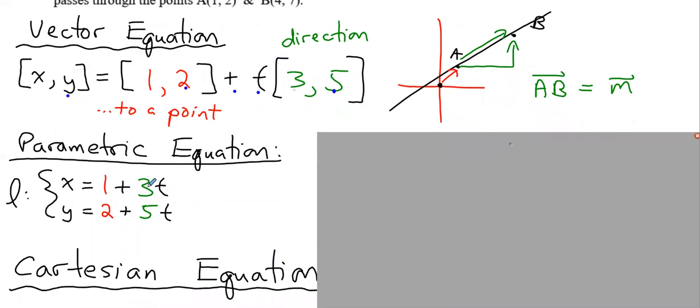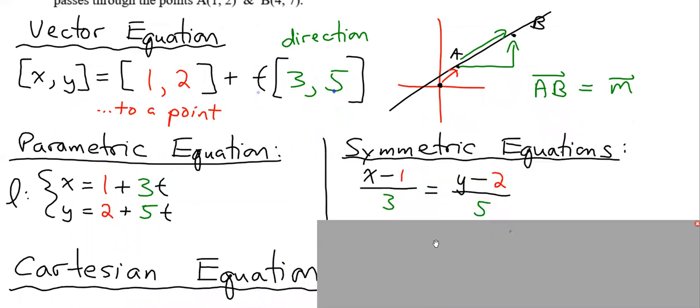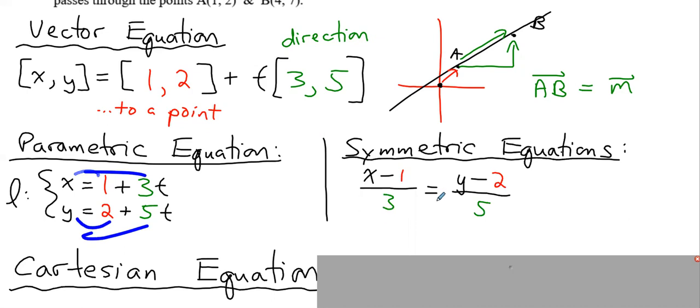And then solving for t in each one of these gives us this. Now, this is a quick way of solving, so it's basically subtract 1 from both sides, divide by 3. Subtract 2 from both sides, divide by 5, and that's where these are coming from, and they must both be equal to t, so that's a quick way of getting the symmetric equations.